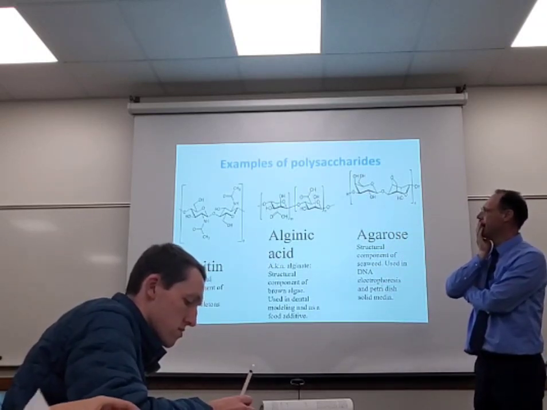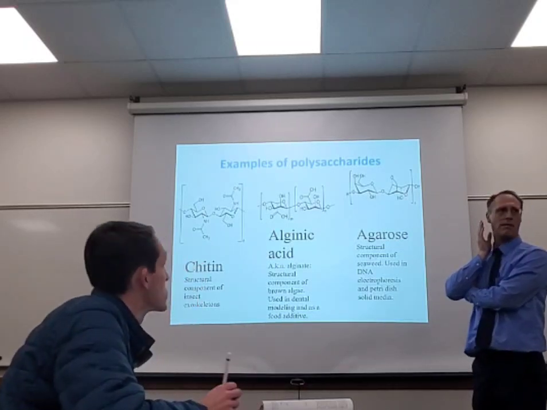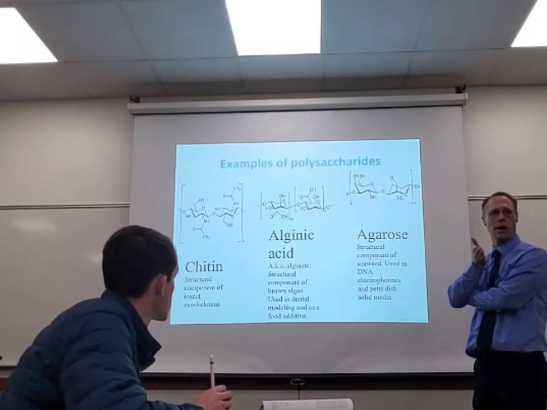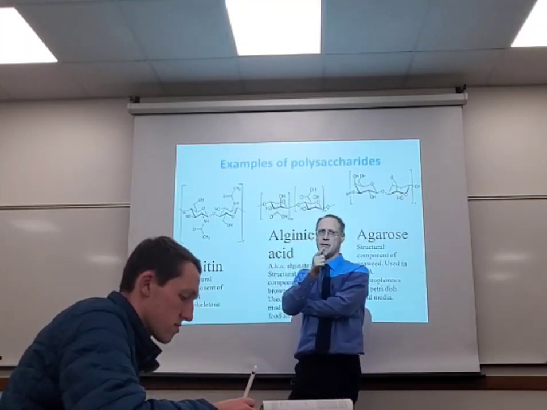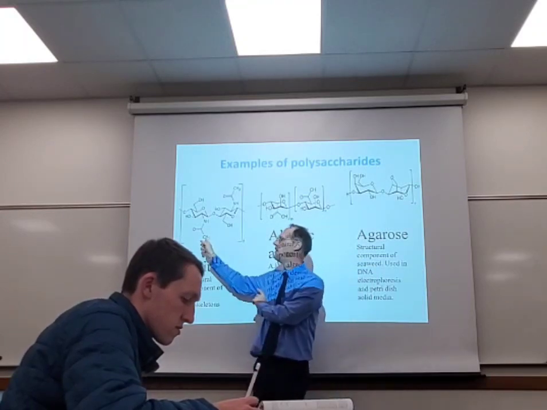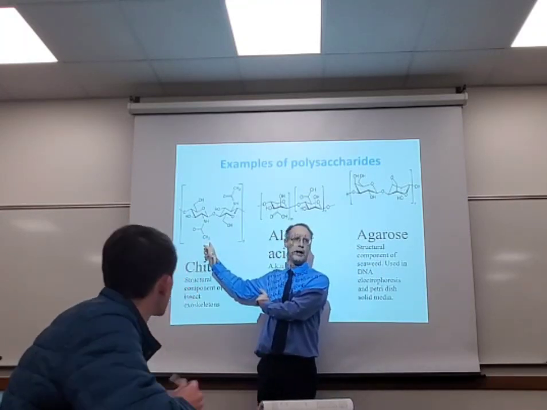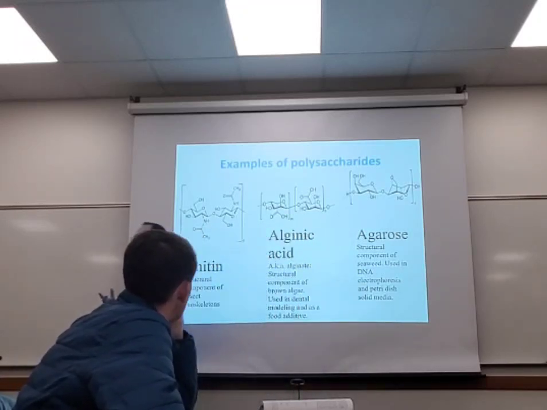And beta. Yeah, it's a beta 1,4. Wait a second, if this is beta 1,4, beta 1,4 is the same stuff that cellulose is made out of. Is it wood? No, what's different? It's got the, what's this, acetyl functional group? N-acetyl. N-acetyl. That added to it makes it different.